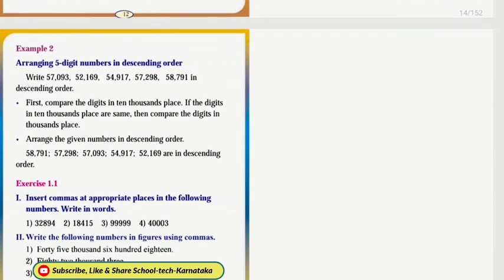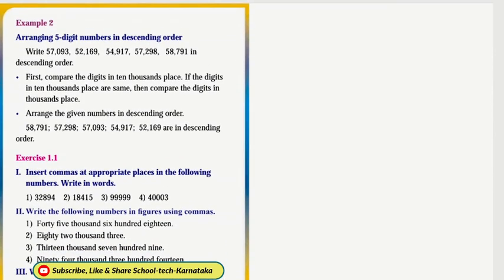And in the next example, we need to arrange the 5-digit numbers in descending order. So as you know, descending order is the greatest or the largest number first, and then comes the next smaller, and the smallest at last.